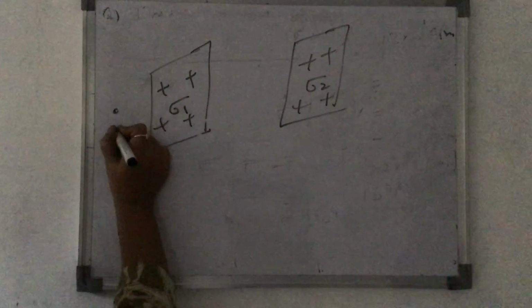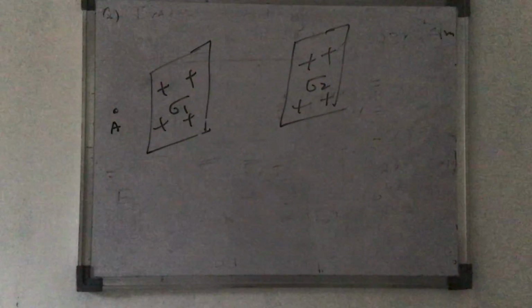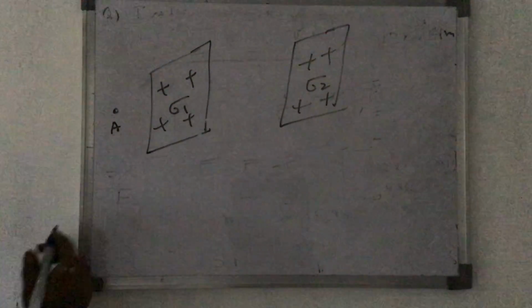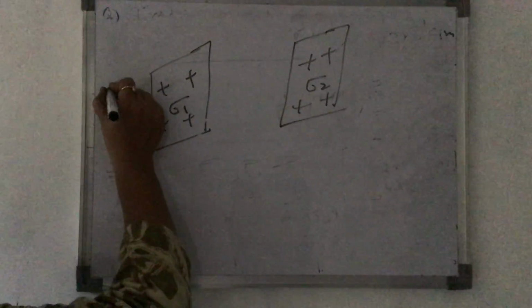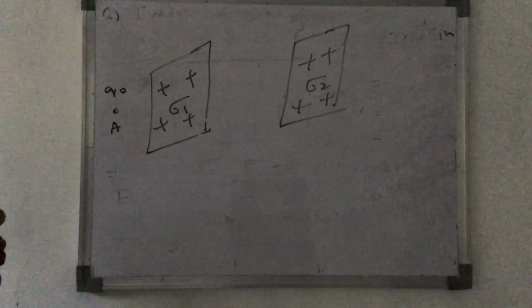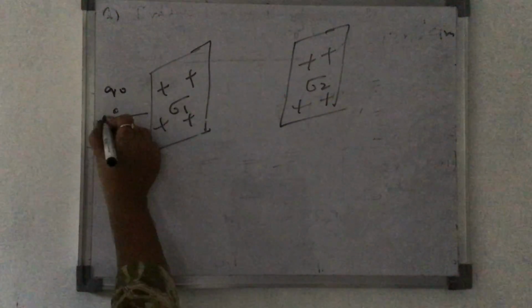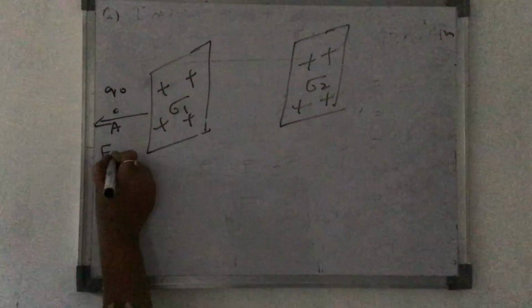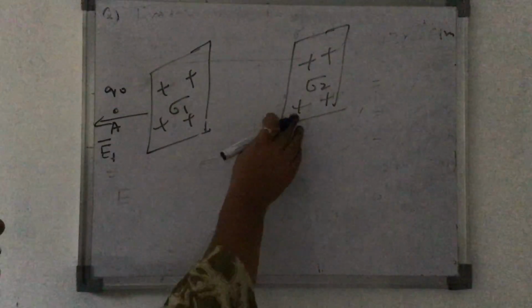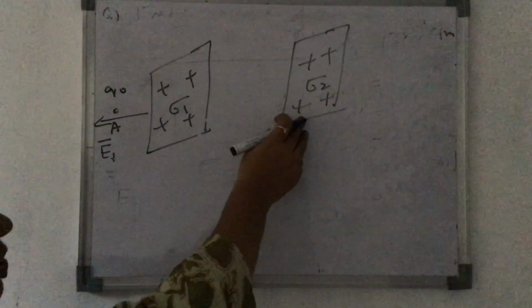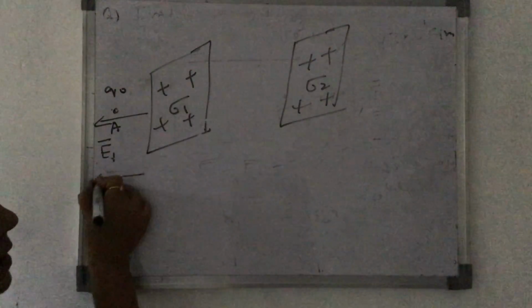Suppose I have to find out electric field at point A. Again, I'll just imagine that there is a unit positive charge over here. Because of sigma 1, it will experience repulsion. That means electric field E1 is in this direction. Because of sigma 2 charge sheet, again it will experience repulsion.